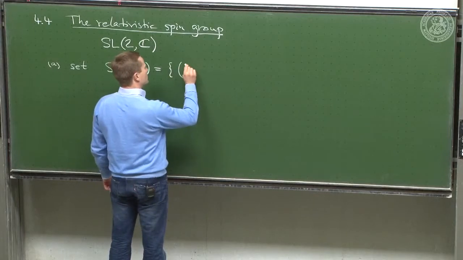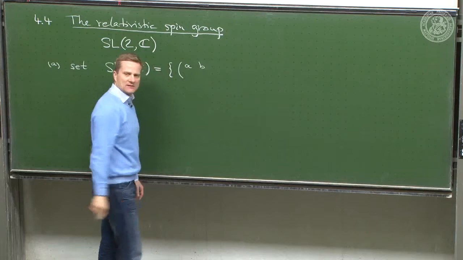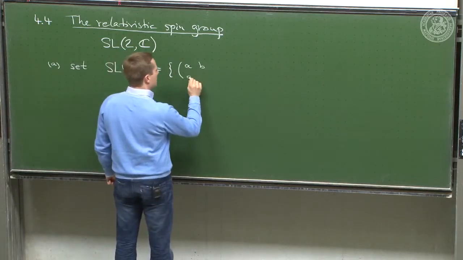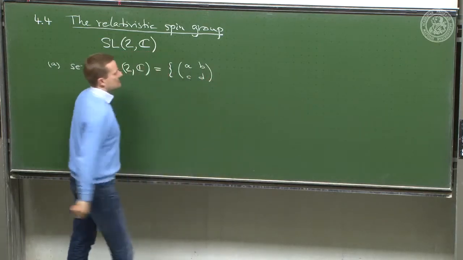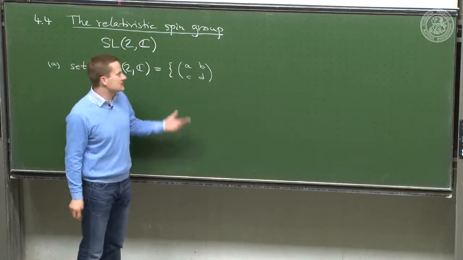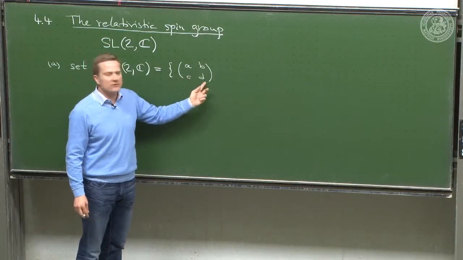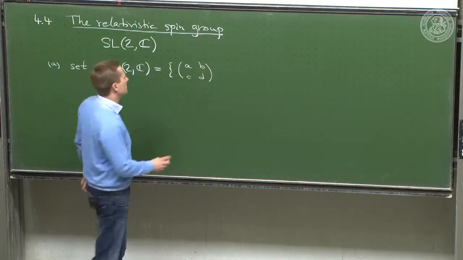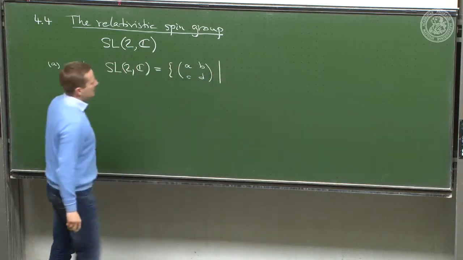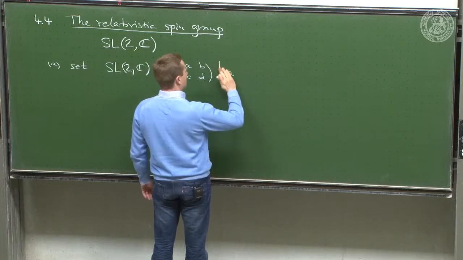But I follow tradition, and instead of writing A, B, C, D with commas in between, I write A, B, C, D as such a square scheme of numbers. But obviously, this is a 4-tuple because I always know the first, the second, the third, the fourth. Okay, nothing new. And it comes with a condition.